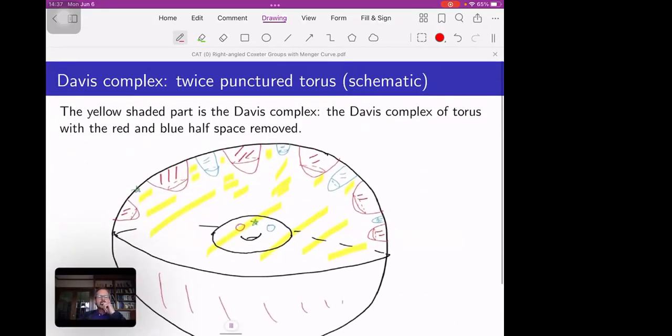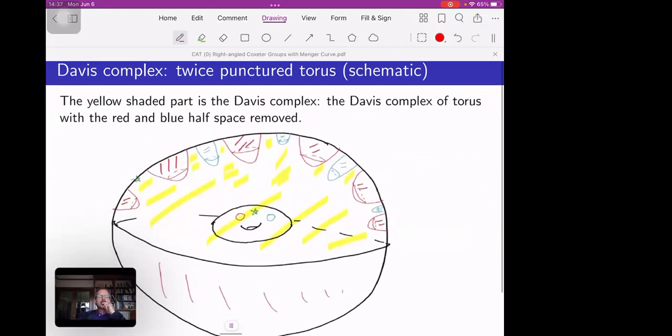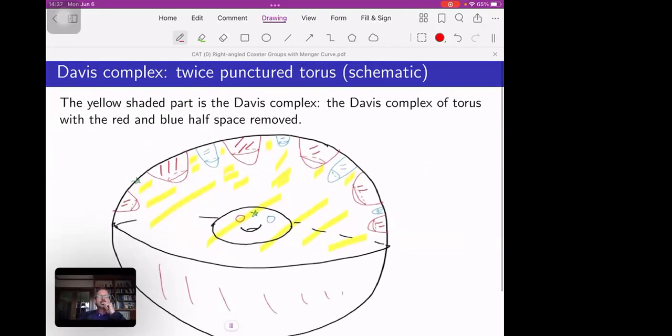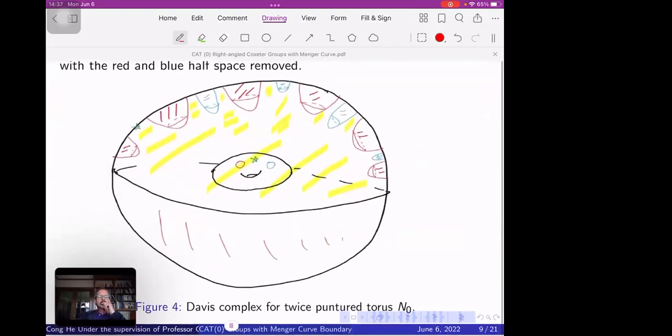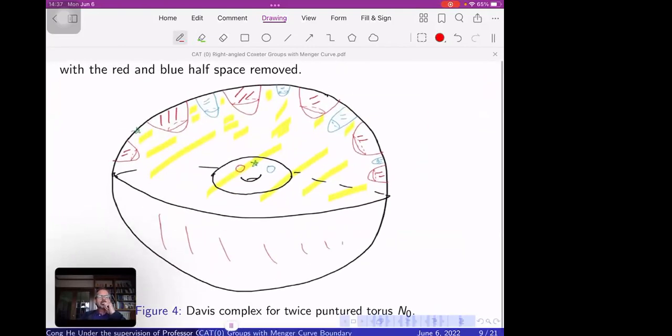And then this is the high dimensional situation, the twice punctured torus. It is a quite schematic picture. The Davis complex for the twice punctured torus means that I start from a nerve with this puncture and this puncture removed.